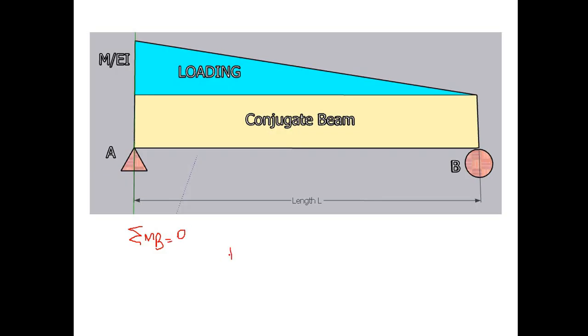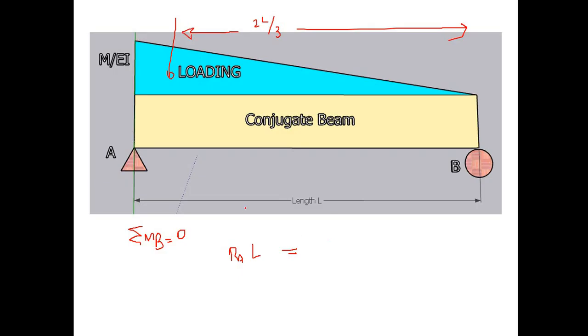So RA multiplied by L is equal to the moment due to the loading. Here the centroid is located at 2L by 3 from the zero point of loading.